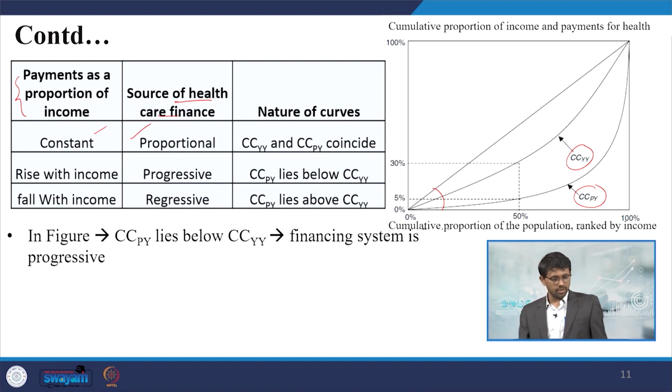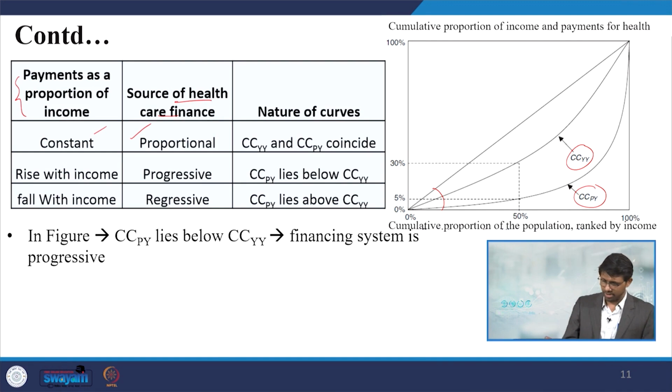So, in the figure, CCPY lies below, just to clarify, that indicates inequalities are very high. So, the financing system is progressive when CCPY lies below CCYY.